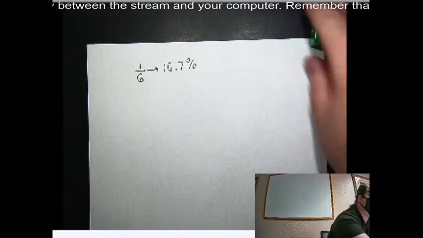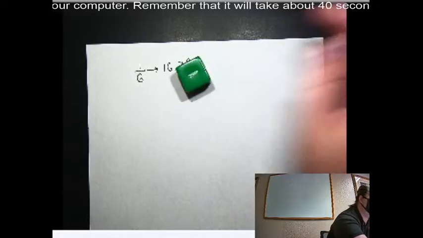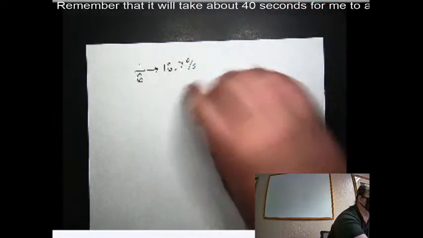So what this says is that if I roll this thing 6 times, only about one of them is going to be a 3.